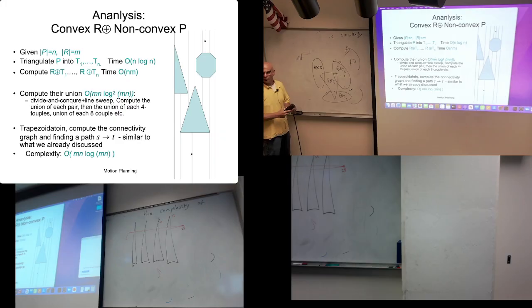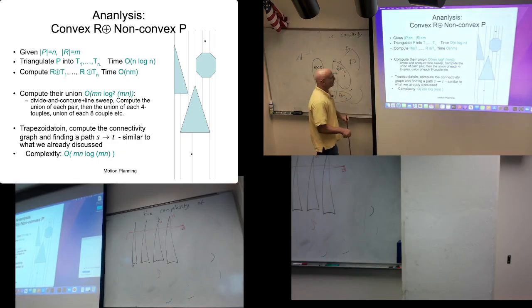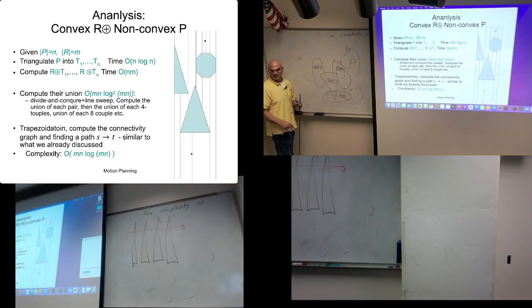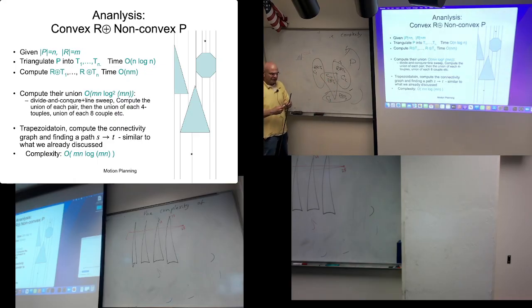So I have 4 enlarged polygons here: R plus T1, R plus T2, all the way to R plus Tn. These 4 regions are heavily intersected. Let's give them names, C1, C2, C3, and C4.